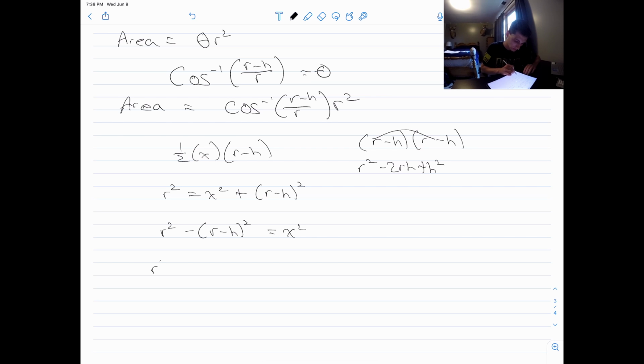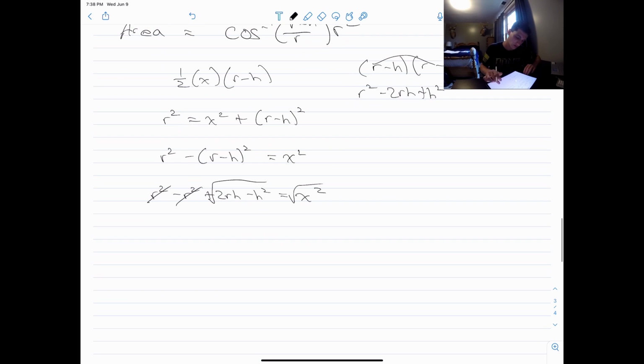So now r squared minus r squared plus 2rh minus h squared is equal to x squared. These cancel out conveniently. Square root both sides. Now we know x to be the square root of 2rh minus h squared. Cool, so we have our x in terms of r and h.